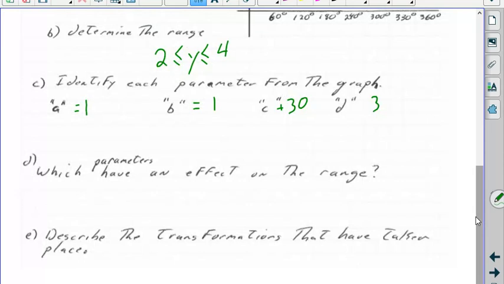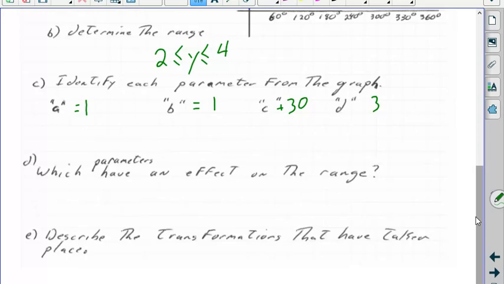Which parameters have an effect on the range? A, B, C, or D, or multiples of those? Does D have an effect on range, Rory? Yeah. Would C have an effect on range? No. Would B? Moving in and out. Now, A in this case is 1.